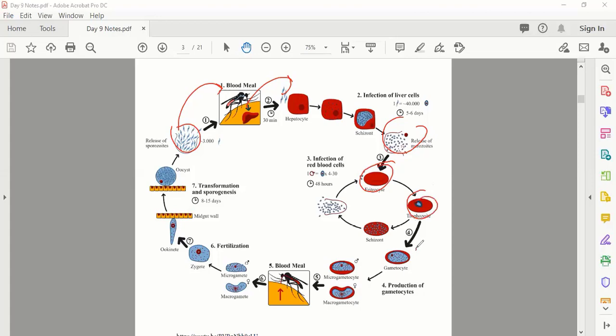Again, this is inside the human, and if any other mosquito comes and takes it, it will go to that mosquito, and if this mosquito bites another human, it will spread like this.